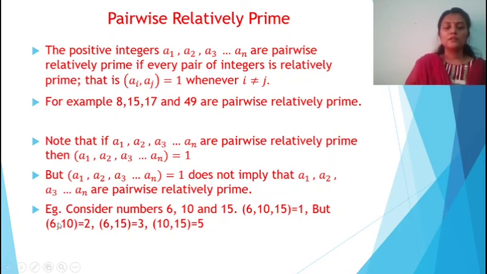But GCD of 6, 10 is 2, the common factor of 6 and 10. GCD of 6, 15 is 3, the common factor is 3. GCD of 10, 15 is 5. But their common GCD of 6, 10 and 15 is equal to 1.